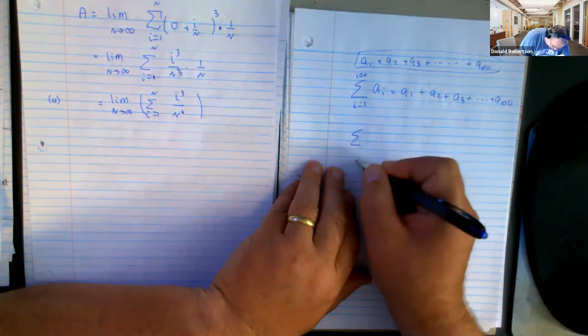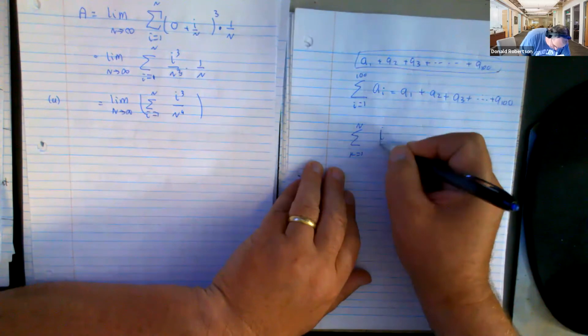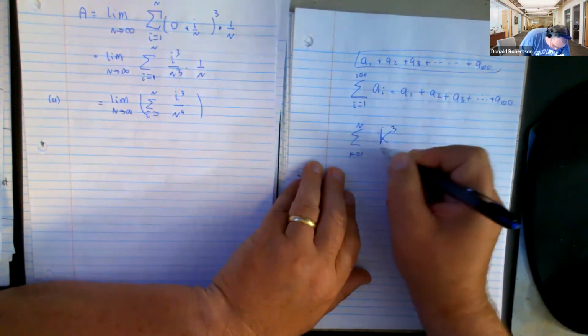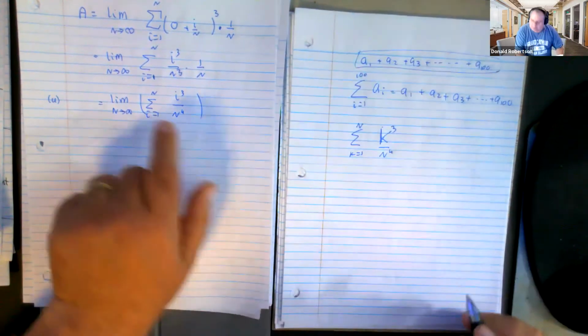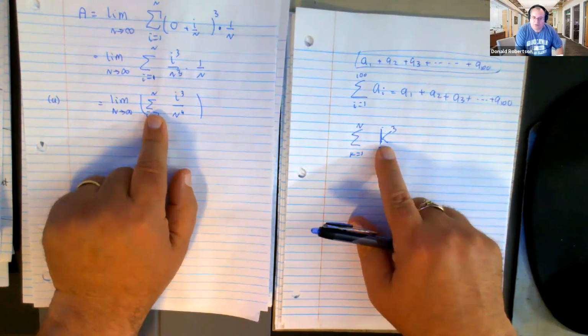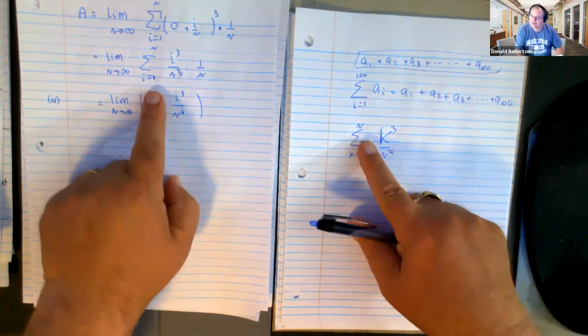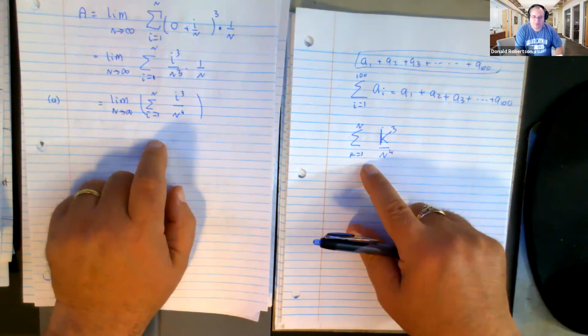The i is not that important. Do you know that mathematically k equals 1 to n of k cubed over n to the 4th has the exact same meaning? 1, 2, 3, 4, and finish at n. Don't know if that helped or made it worse for you.